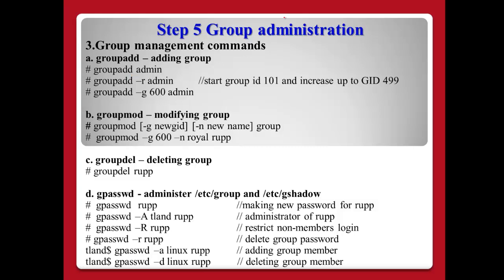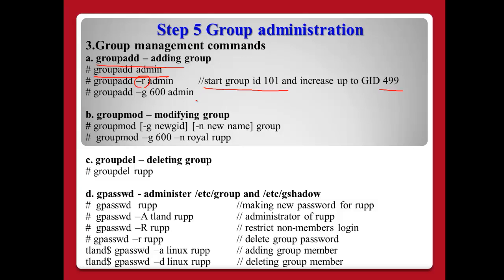Okay, number 3, group management commands. First one, groupadd. We can use it like this, groupadd admin. In this case, we will create a new group admin. And if we use -r, in this case, the group ID will start at 101 and increase up to 499.